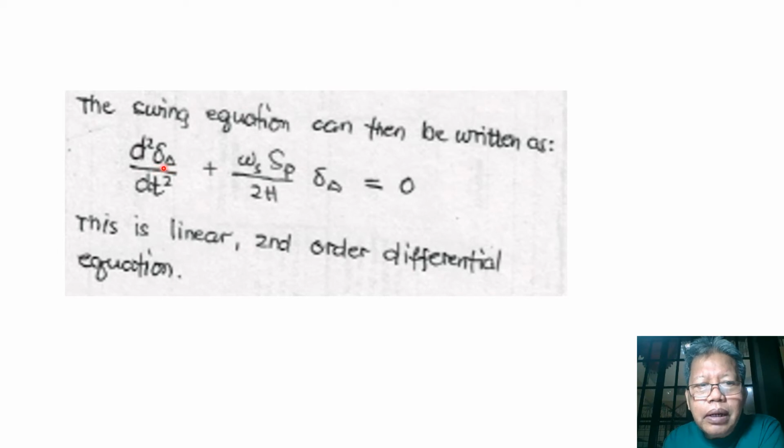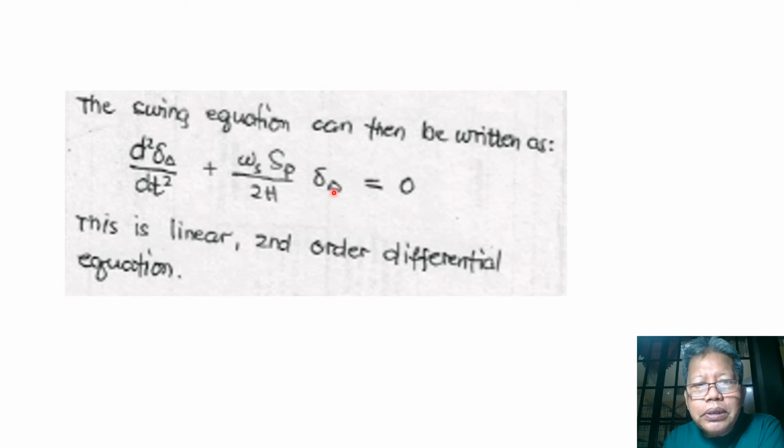So in that expression we just have d squared delta delta over dt squared, the second derivative, plus omega s over 2H times SP times delta delta equal to 0.